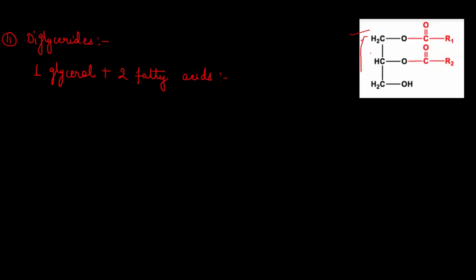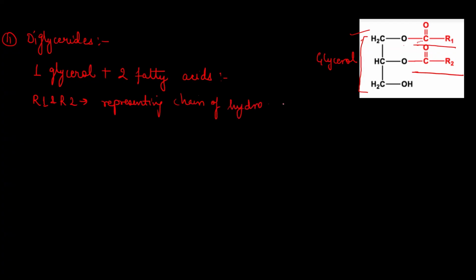This is your glycerol, and this is your first fatty acid and this is your second fatty acid. Again, R1 and R2 are representing chains of hydrocarbon. So the red one is your fatty acid, and this black one is glycerol.